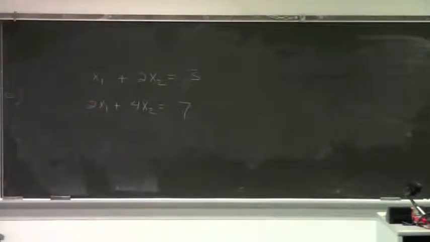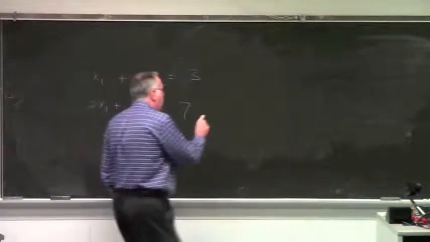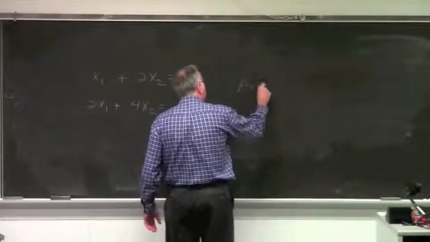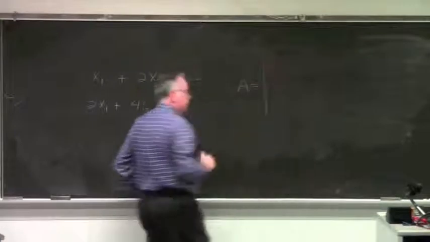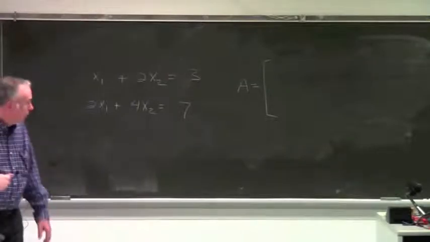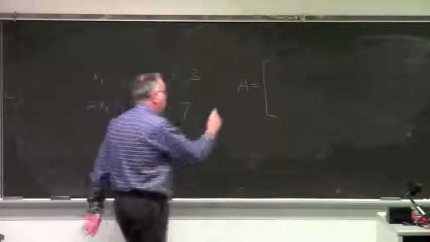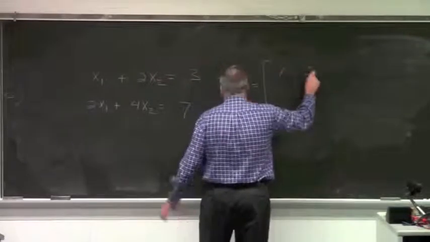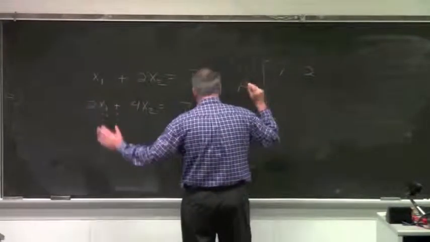Now, for this equation system, what is the coefficient matrix? The first row would just be 1, 2. The second row, 2, 4.